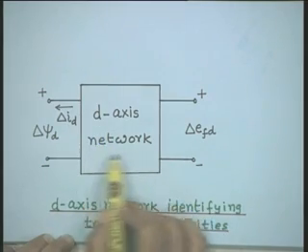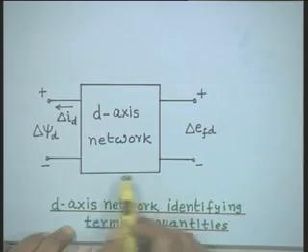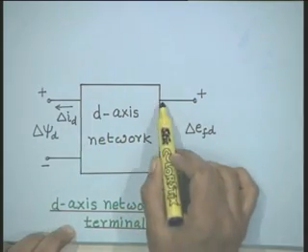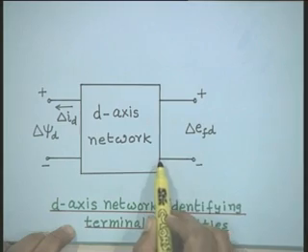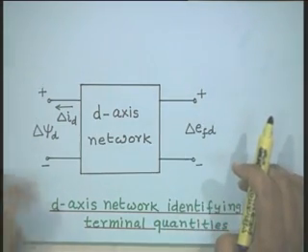Now, to understand this concept of derived parameters, let us first look at the direct axis network of the synchronous generator. Let us say that this black box represents the direct axis network, and we have two pairs of terminals shown here.